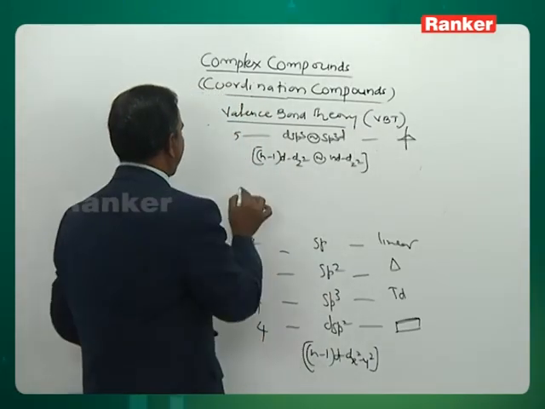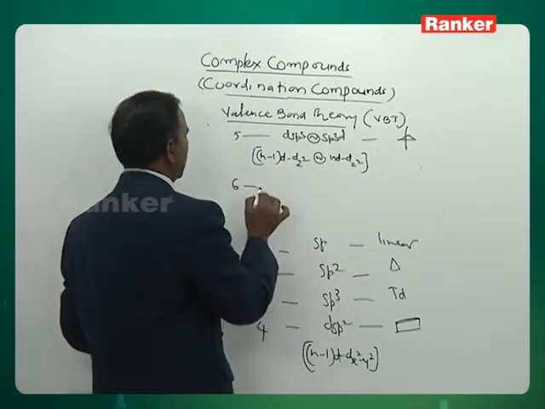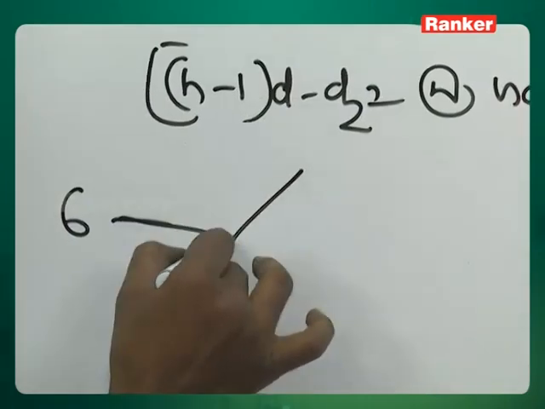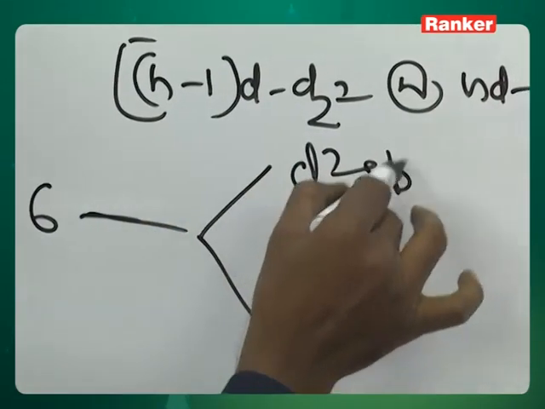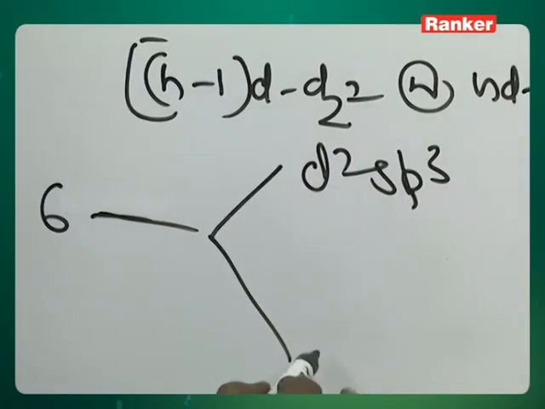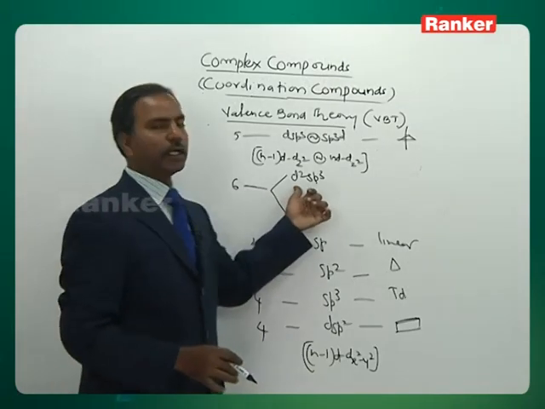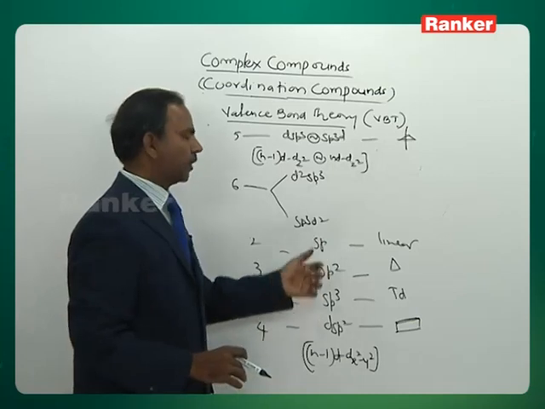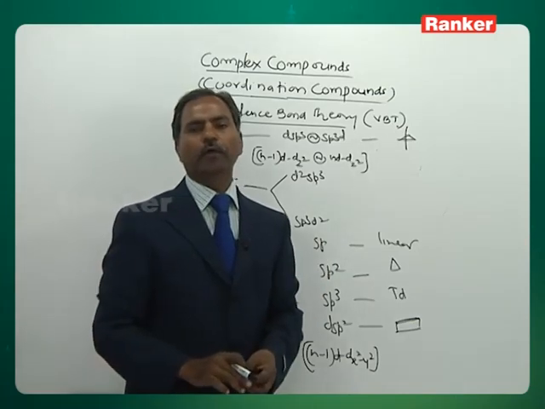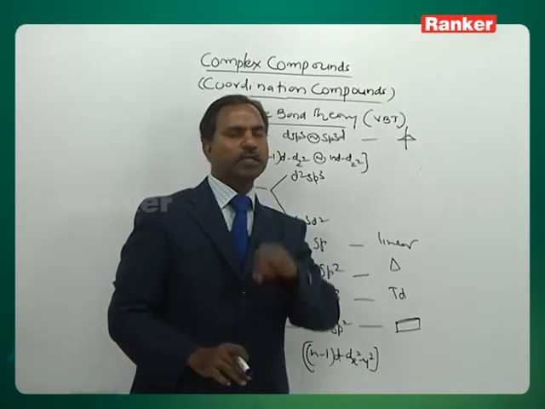Coming to the next one, coordination number 6. You know well there are 2 possibilities of hybridization, one inner, one outer. Then it is d2sp3 hybridization, or you can consider sp3d2. Once you are writing d2sp3, this will be inner orbital complex, and sp3d2 will be outer orbital complex. Whether it may be inner or outer, 2 d orbitals are participating here.